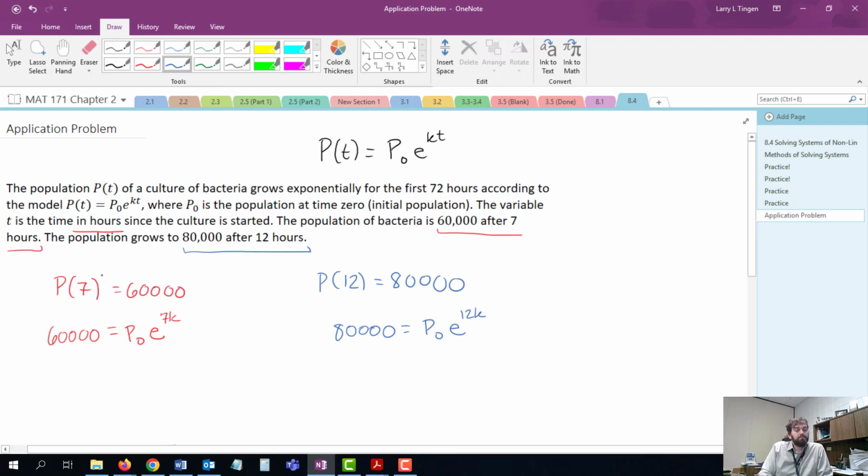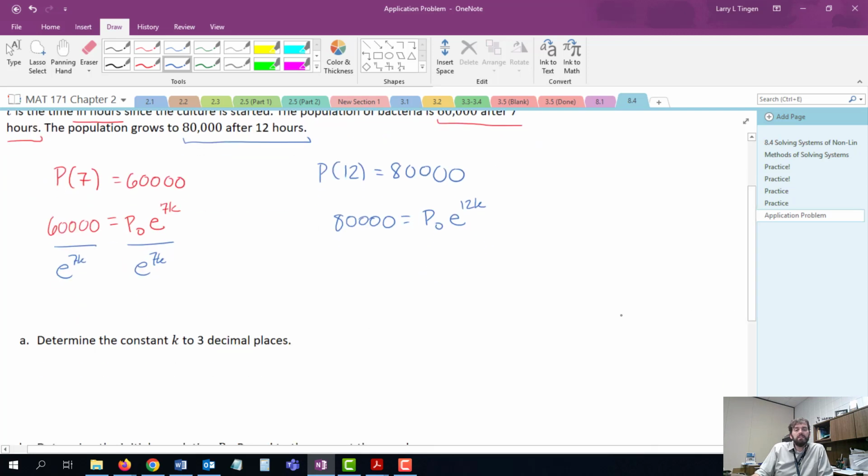So I want P naught by itself, which means I need to divide both sides by e to the 7k, which means I now know that P naught is equal to 60,000 divided by e to the 7k. Over here, I need to divide both sides by e to the 12k to end up with P naught is also equal to 80,000 divided by e to the 12k.